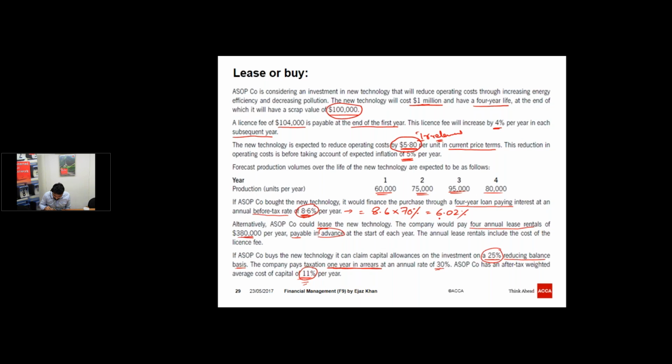So remember, if we have a discount factor like this, we can always round it off to a whole number. That is, we can use 6% so that we can use our discount factor table easily. I hope everybody has got this. Should I go ahead?